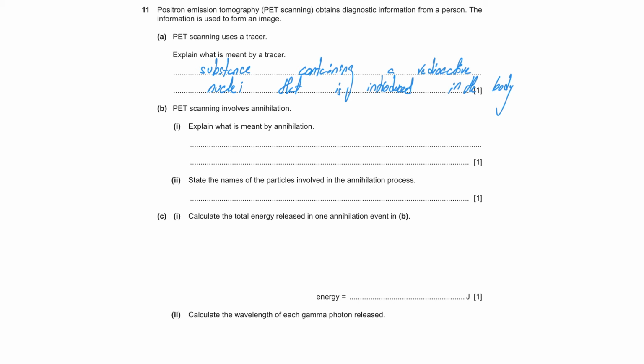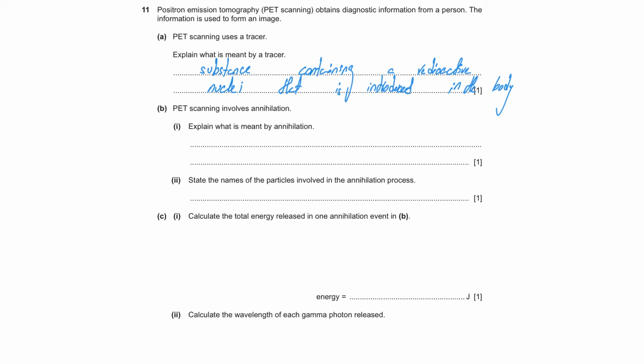PET scanning involves annihilation. Explain what is meant by annihilation. Now, before we move on and answer this question, let me give you a brief overview of what happens in a PET scan. In a PET scan, a tracer that contains radioactive nuclei, a biological molecule, is injected inside our body. It's absorbed by the tissue that is being studied, and because it's radioactive, it decays.